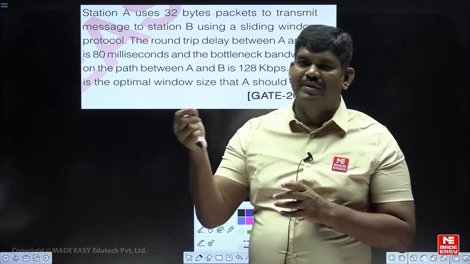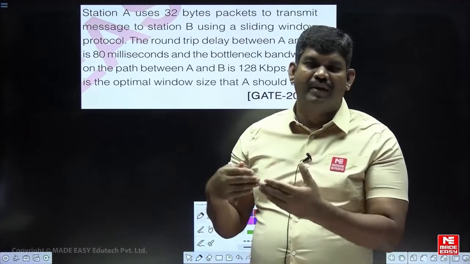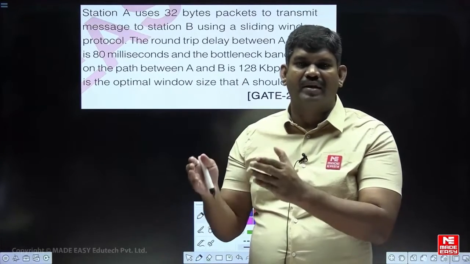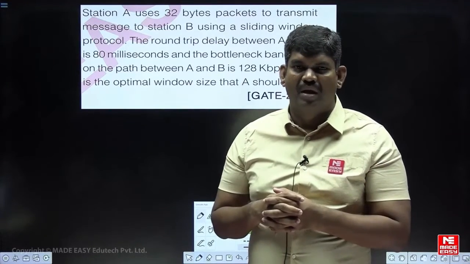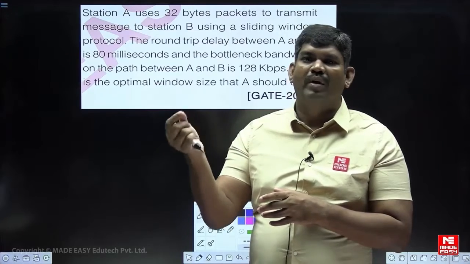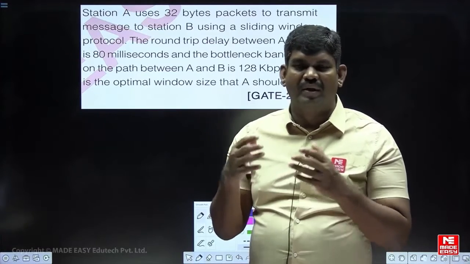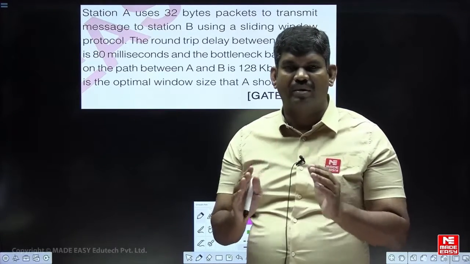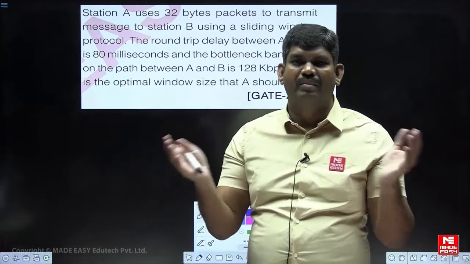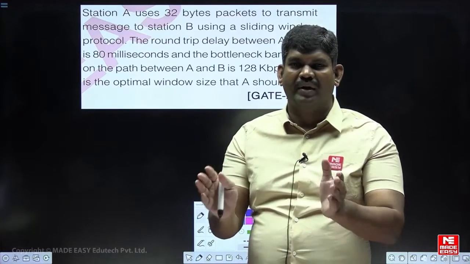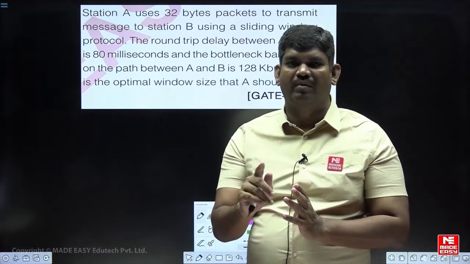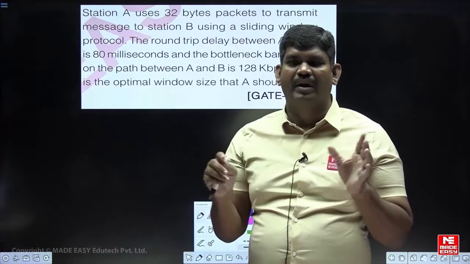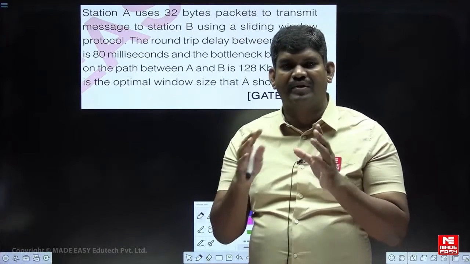Even though the sequence numbers are there, how many frames you can send at a time is decided by the window size. If you send only one, the utilization will be low, because once a huge bandwidth is given to you and you design a protocol for only one frame, in the entire trip time the entire channel will be wasted.